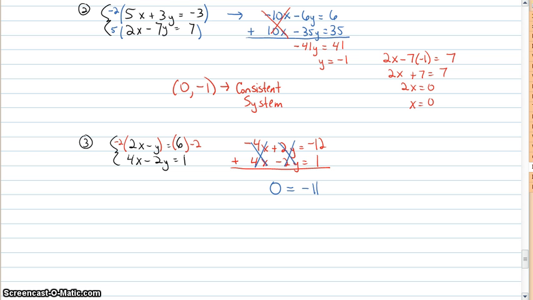Now you've got to think to yourself, I've got a problem. 0 doesn't equal negative 11. You're right. These lines are inconsistent, which means there's going to be no solution. This is an inconsistent system, I should say. The answer is no solution.